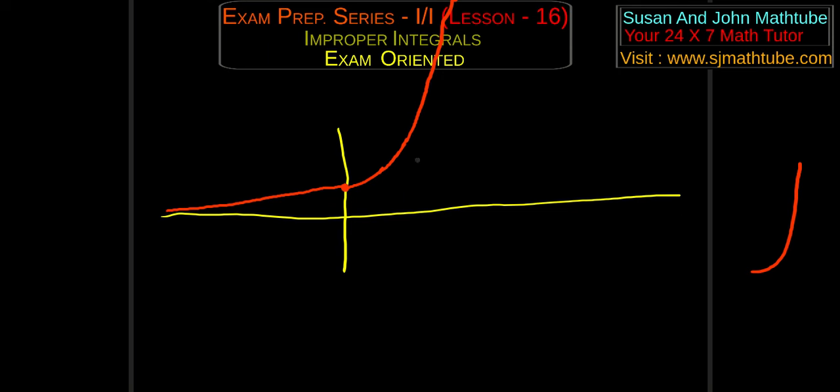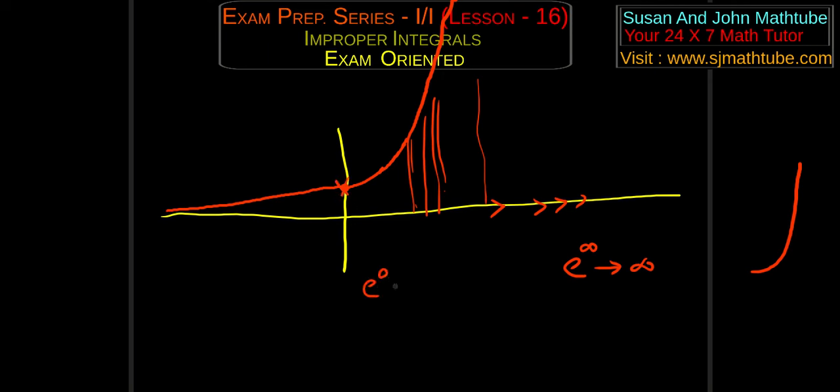So what I'm trying to convince you here is, when we move towards bigger numbers, the function value becomes so much bigger. So you have to understand e power infinity tends to infinity. At the same time, at 0, that is e to the power 0 is equal to 1. And on the negative side, look at this, the height of the graph decreases, but it can never touch the x-axis.